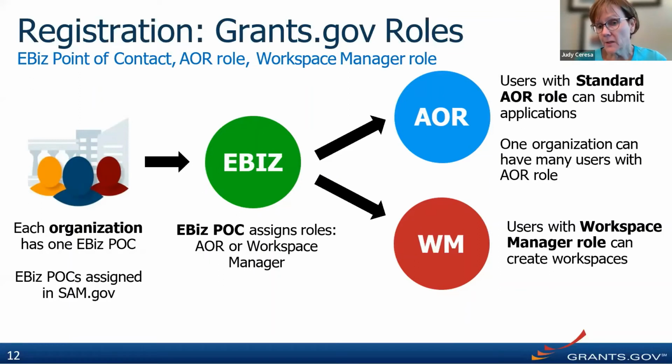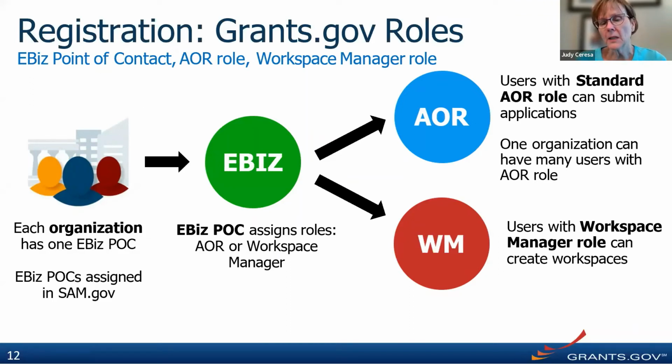And in big organizations like universities, they'll have one EBiz because it's one organization, but they could have many people affiliated with the organization, and they may have AOR roles. They may just be a participant, but the primary is you have to have an AOR. And you have to be able to set up a workspace.